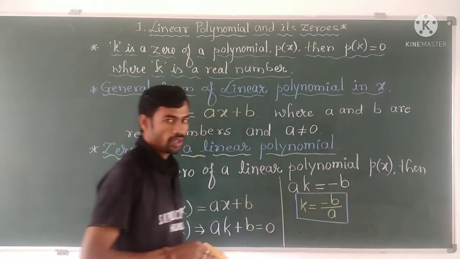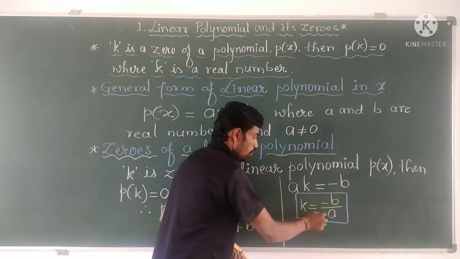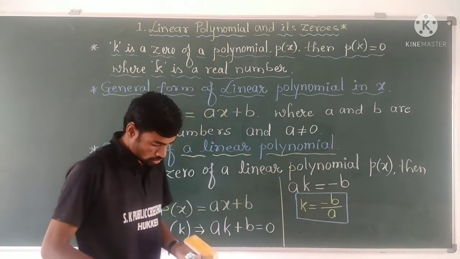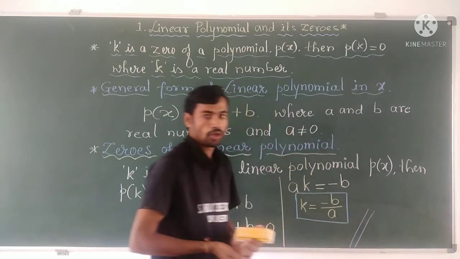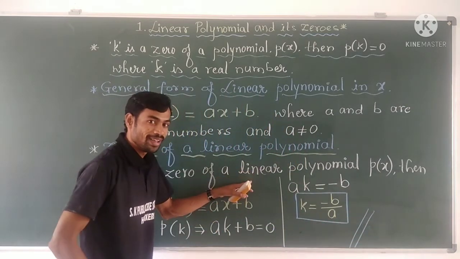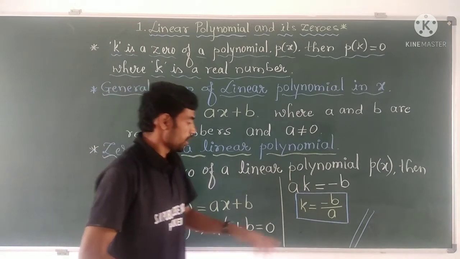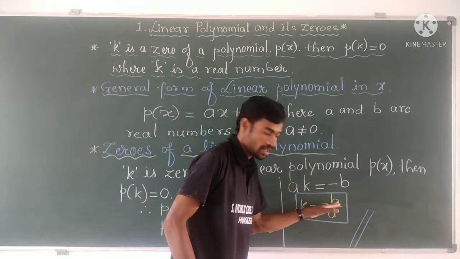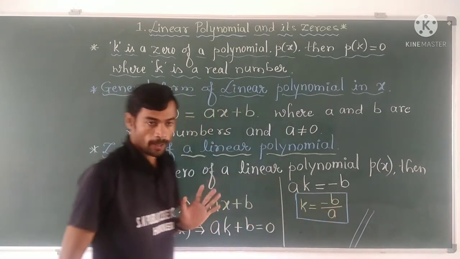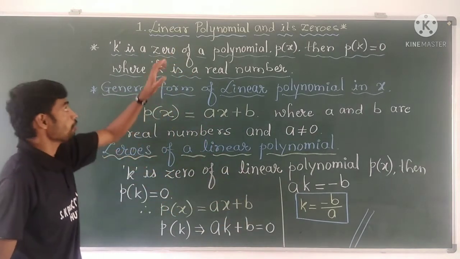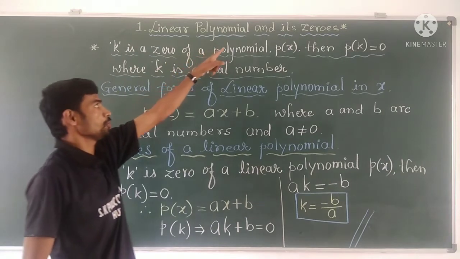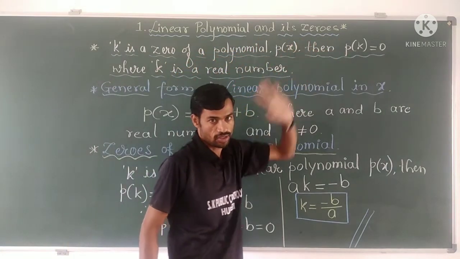This is what we call the zero of a linear polynomial: k is equal to minus b by a. This is the entire information about a linear polynomial and its zero.